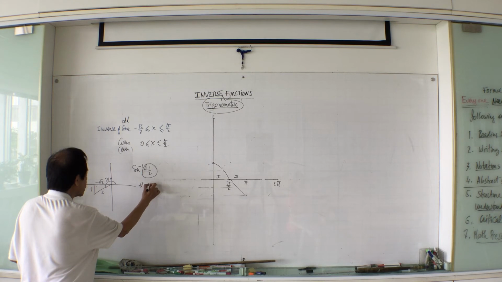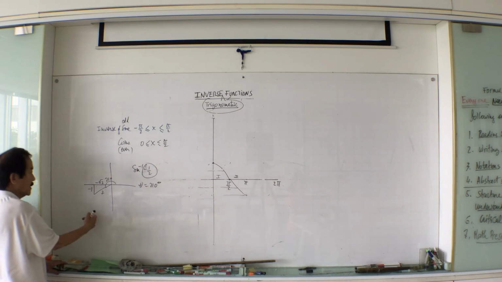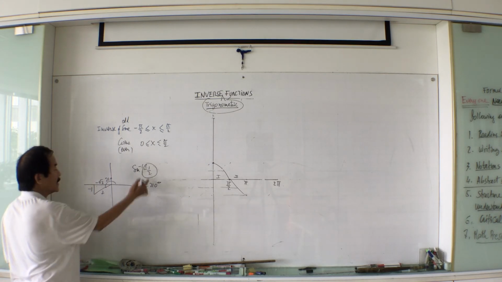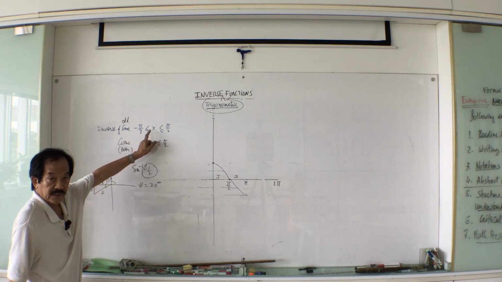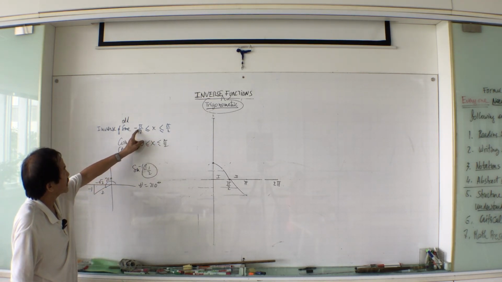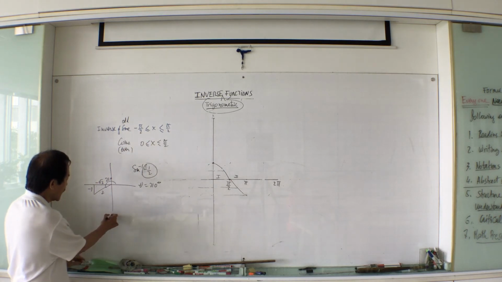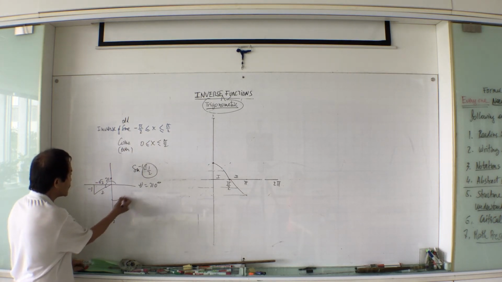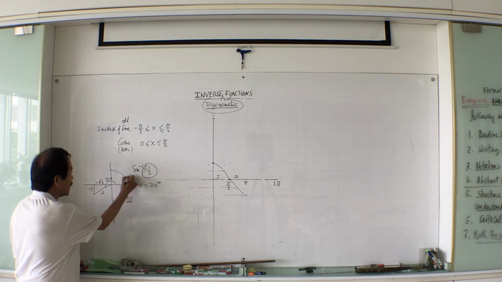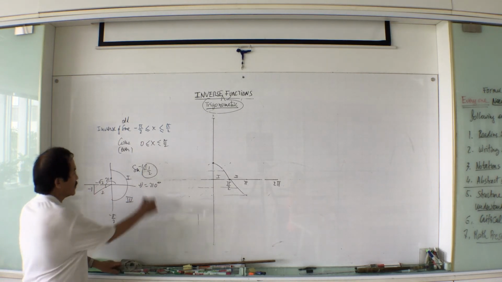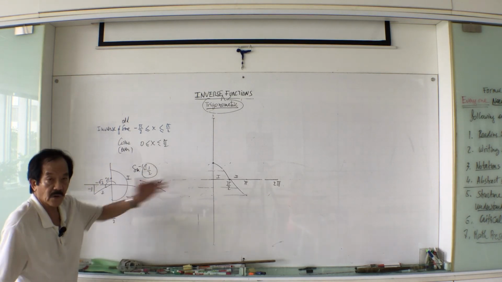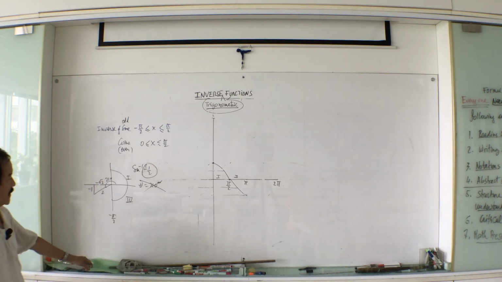Sine of 210 degrees equals negative 1/2. That's correct, right? However, this one is outside of the inverse. You know, sine inverse is between negative pi over 2 and pi over 2, which is in quadrant 4 and quadrant 1. But your answer here is in quadrant 3, so this one is omitted, not from the domain of the inverse function.